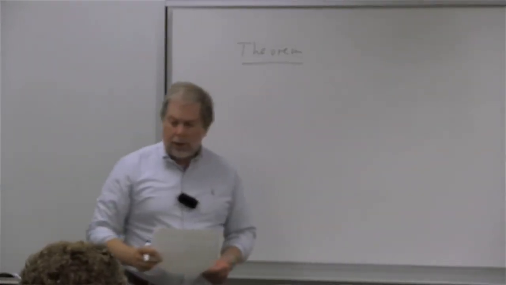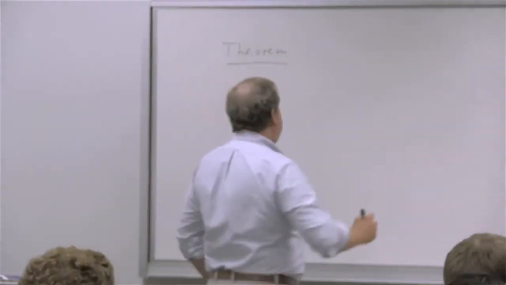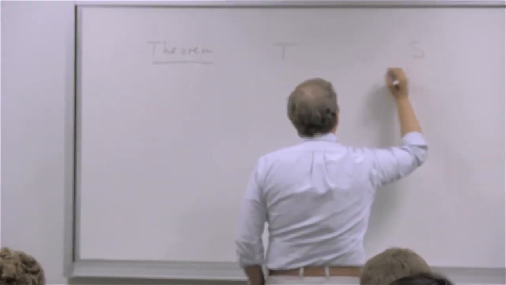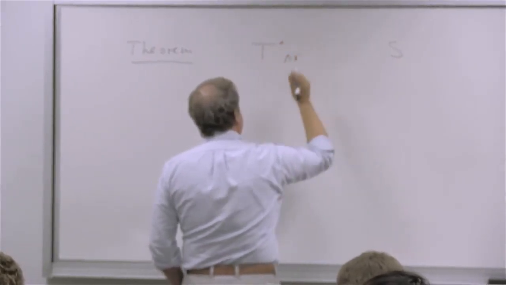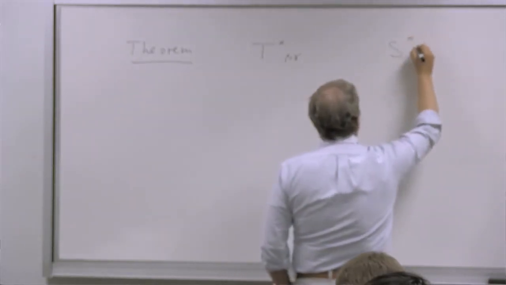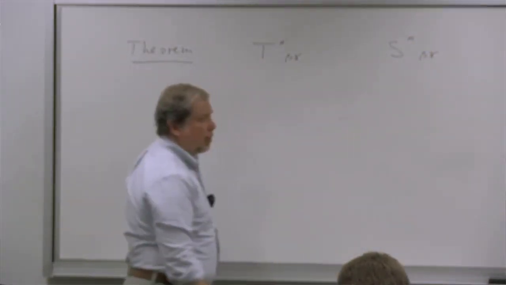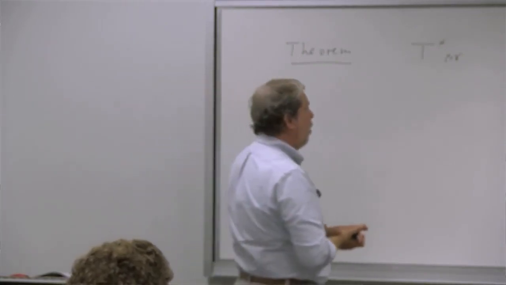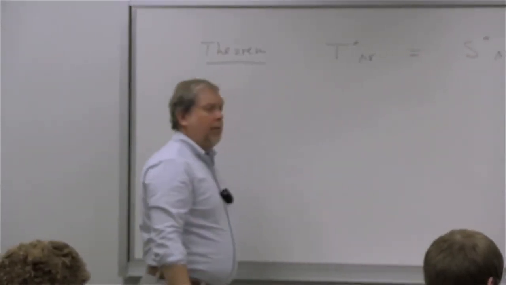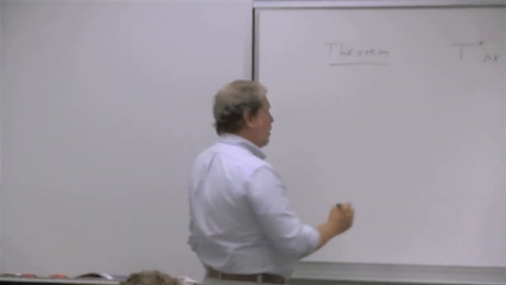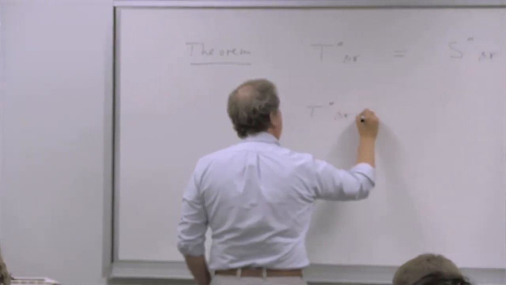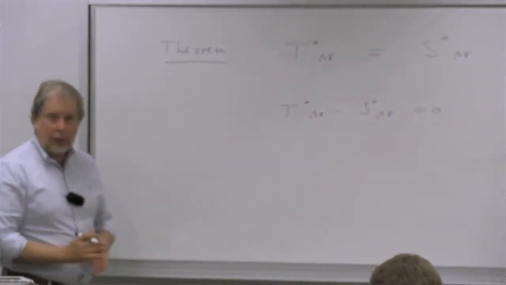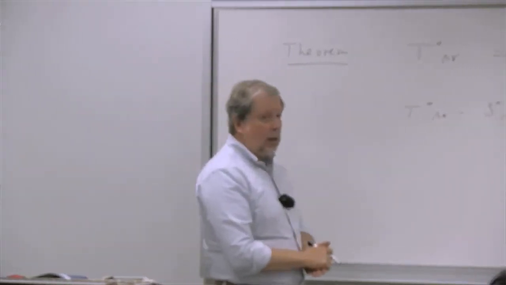Let me say that in words. The theorem is that if two tensors have the same number of indices upstairs and downstairs, so I have these two tensors, and this one has one index upstairs and two indices downstairs, and I have a second tensor here with the same number of indices upstairs and downstairs, and if they are equal in one coordinate frame, then they will be equal in any coordinate frame, because the difference between the two, T alpha beta gamma minus S alpha beta gamma, if that is 0 in one frame, then when you do the Lorentz transformation, it will still be 0 in any other frame, which means the two tensors will be identical.